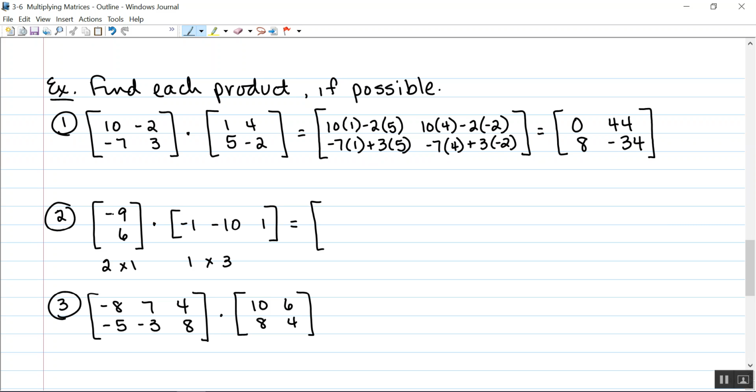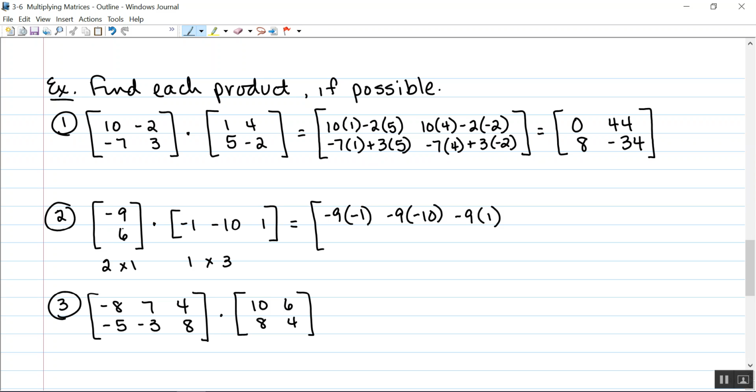And so I'm going to start with my first row of my first matrix, which only has 1 element in it, and multiply it by the first column, which only has 1 element in it. So negative 9 times negative 1, and then negative 9 times negative 10. Oops, make that a negative 10. And then negative 9 times 1. This one's actually coming out to be pretty easy since there aren't a lot of elements in the rows and columns.